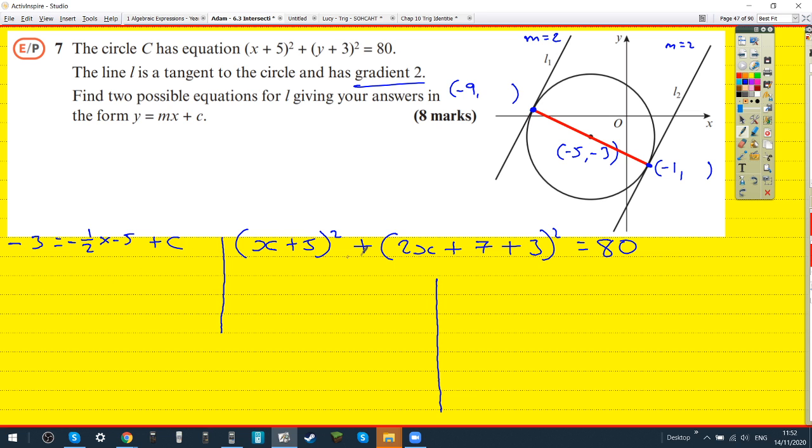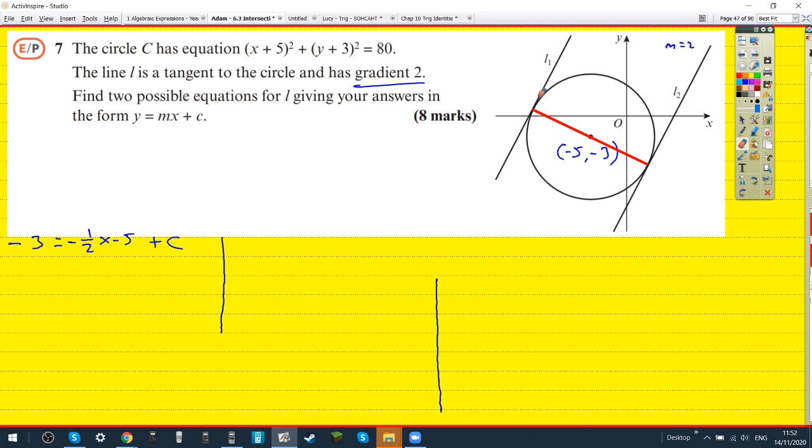Okay, and so solve for c. I did -3 minus 5/2 equals, so c equals -11/2. Okay, so y equals -0.5x minus 11/2.